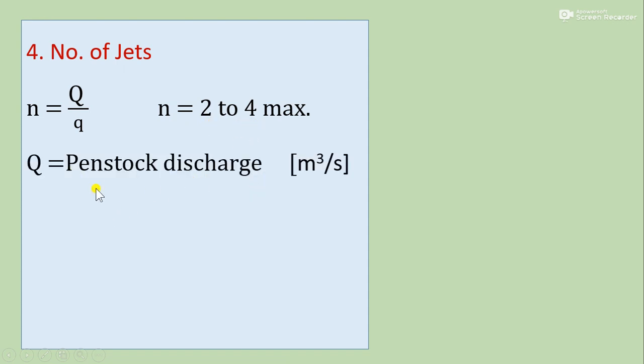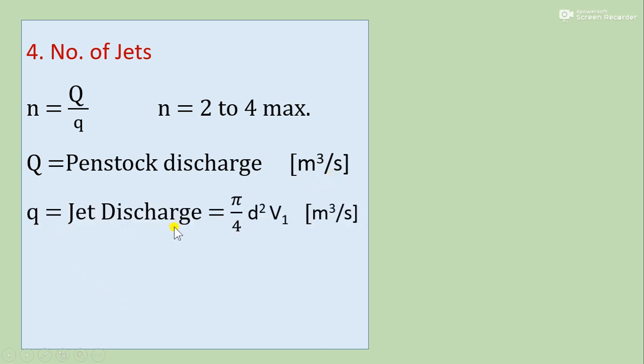Penstock discharge, that is capital Q, is in meter cube per second, and jet discharge, small q, that can be obtained by using formula pi by 4 into small d square V1 in meter cube per second. Number of buckets means Z is equal to 15 plus 2 times wheel diameter divided by jet diameter.